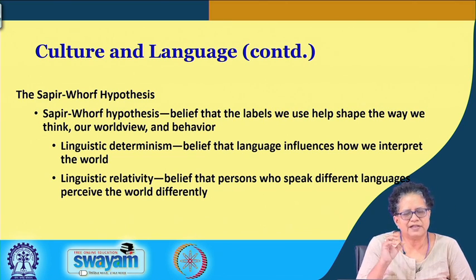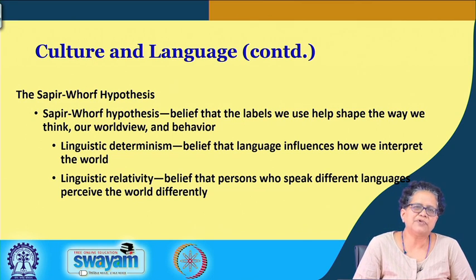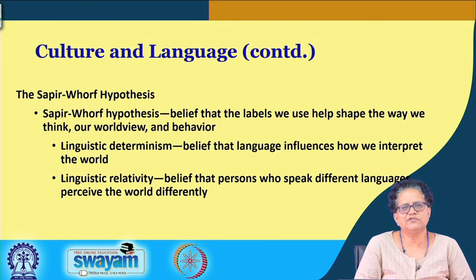So, the belief is that the labels we use shape the way in which we think, our perception of the world, and our behavior as such. Now, the Sapir-Whorf hypothesis has two threads. The first thread is linguistic determinism.